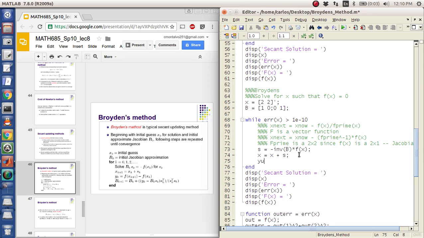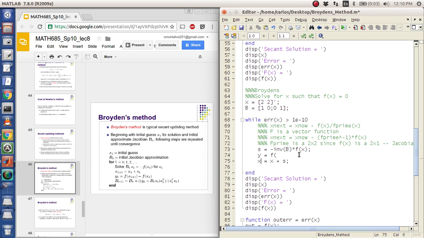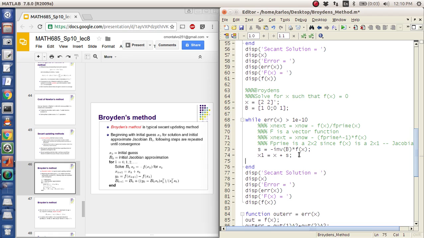And then I'm going to evaluate y, which is f of... Okay, it looks like I need to do this first. So I actually need an x1, so I can get the difference between the two. So y is f of x1 minus f of x.